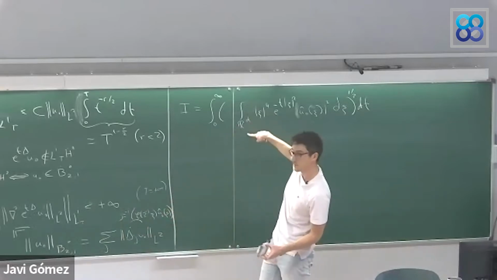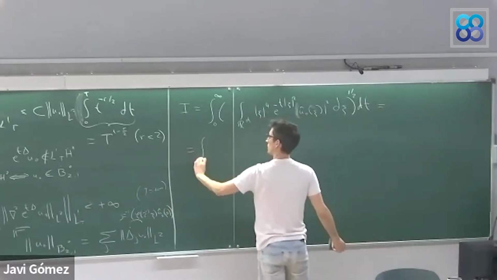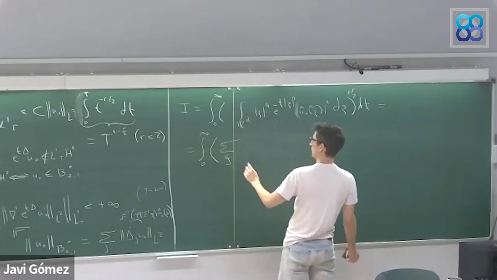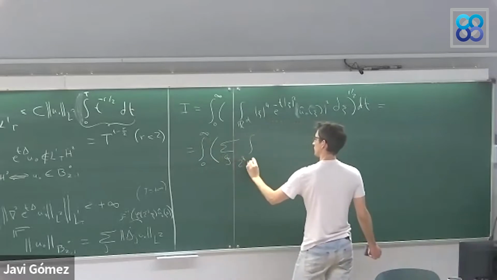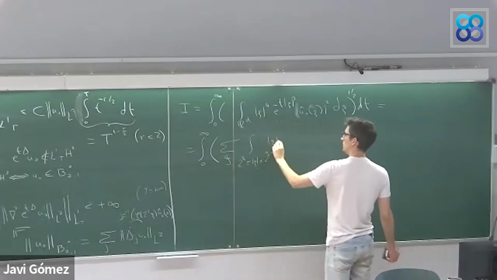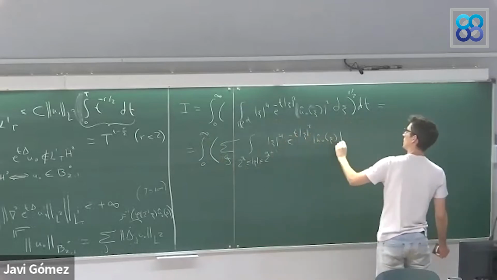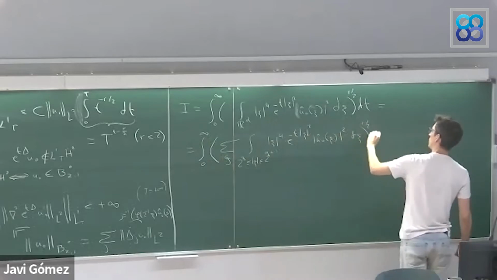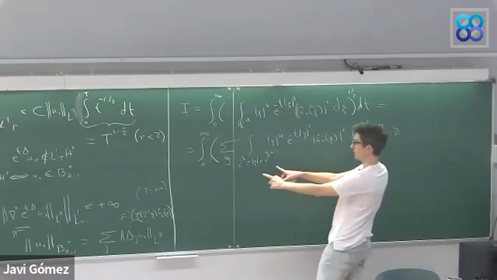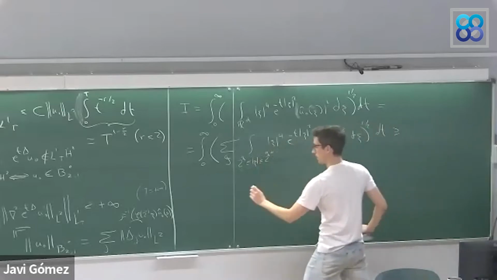I will split this integral in the dyadic blocks. And now we can start bounding from above. Because we are in this annulus, we can bound this and also the exponential so that they don't depend on t anymore.